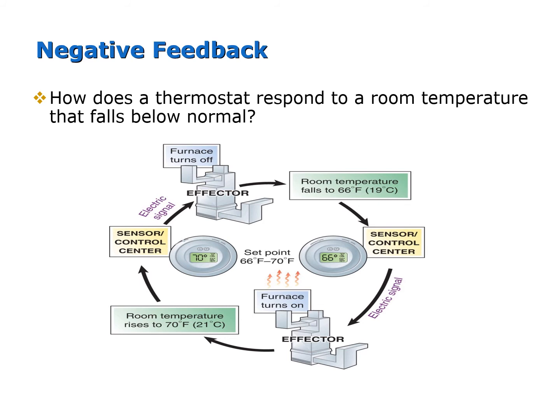Pretty much, our body functions just the same. The skin has the sensors that feel the heat or the cold. The control center is our brain, and the effectors are the muscles or the sweat glands, depending on if we need to lose heat or to gain heat.